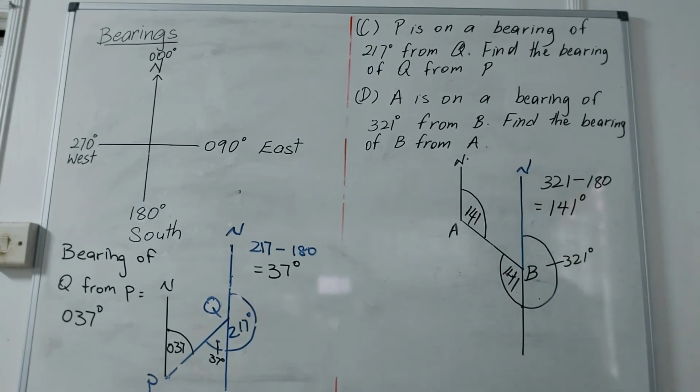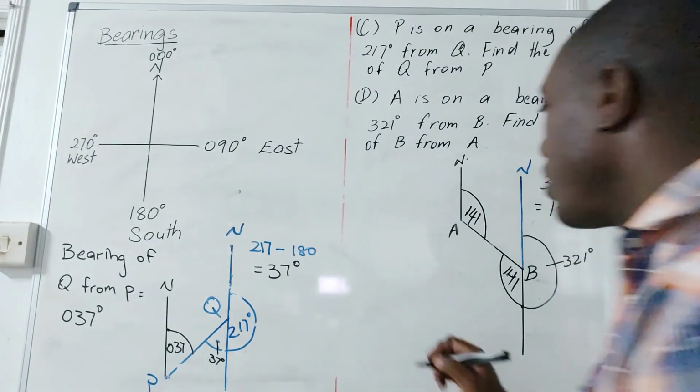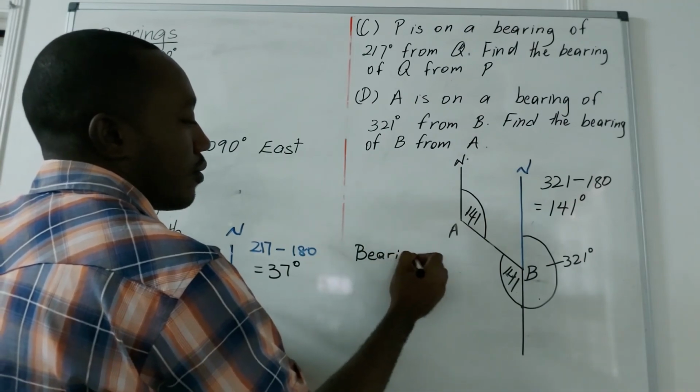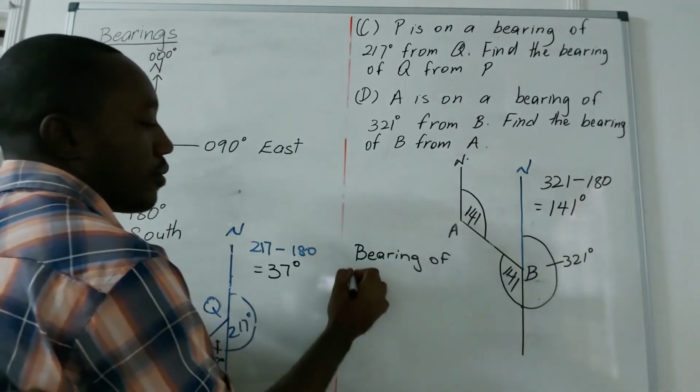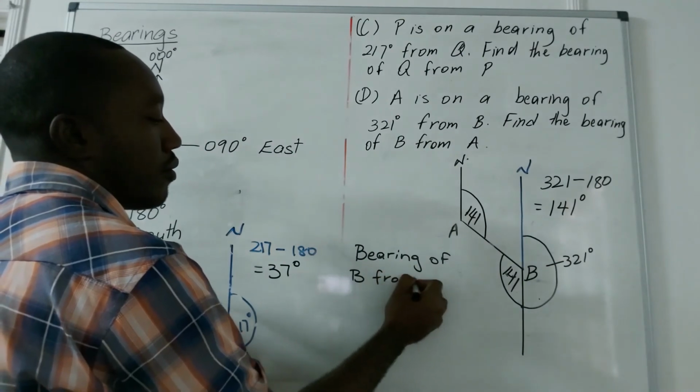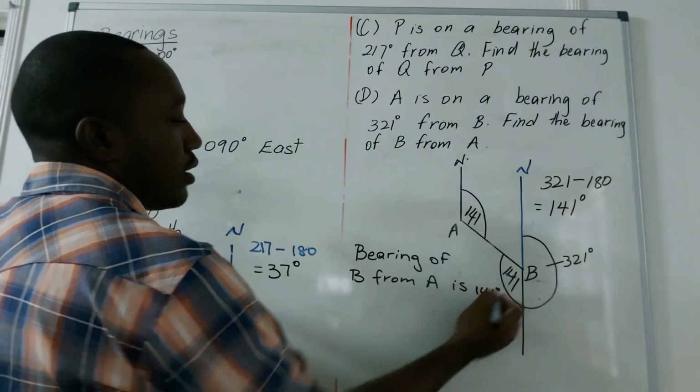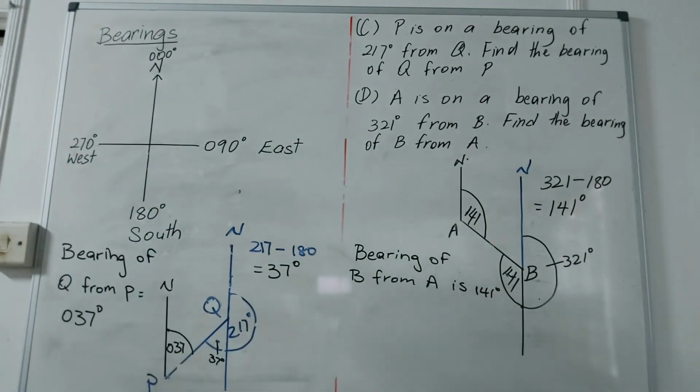So the bearing of B from A is 141 degrees. In our next class, we will do some more questions where we'll have to find the distance between two points when a bearing is given.